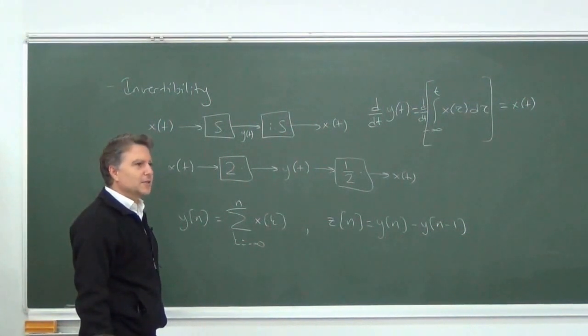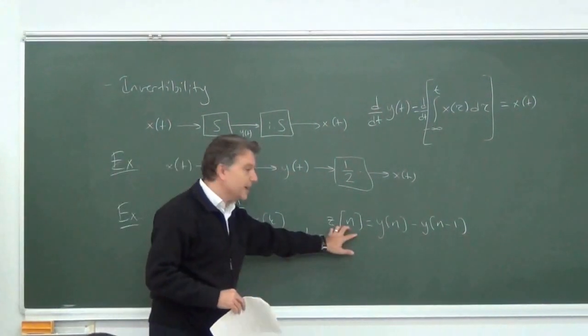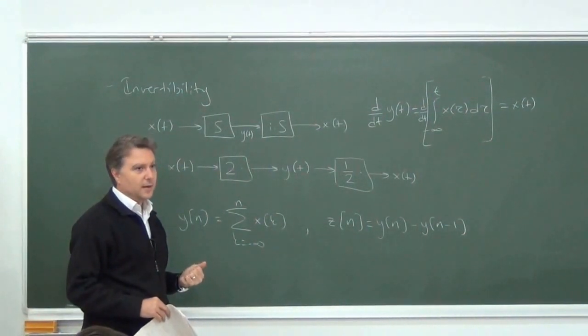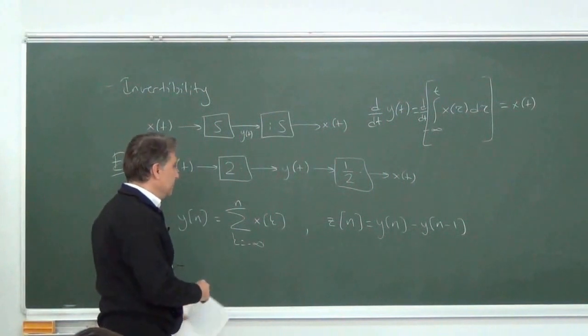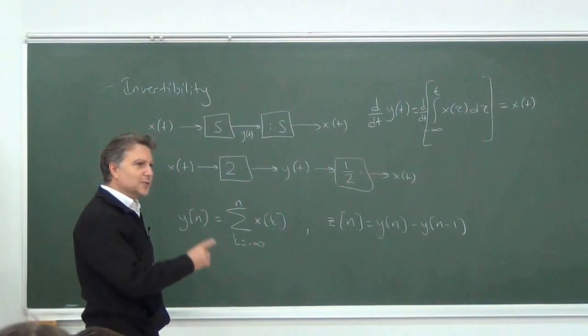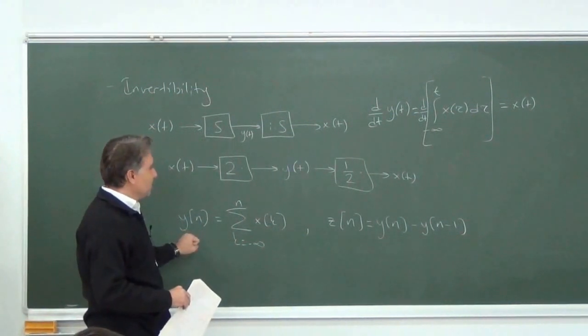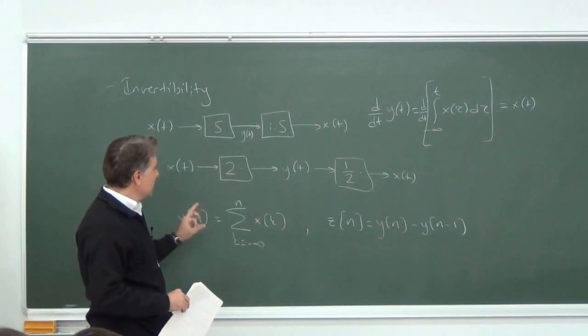Is it the inverse system? In other words, is z of n equal to x of n? Shall we try? Can you see that you get back to x of n when you subtract y of n minus 1?